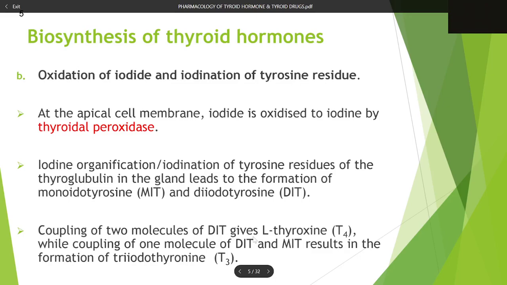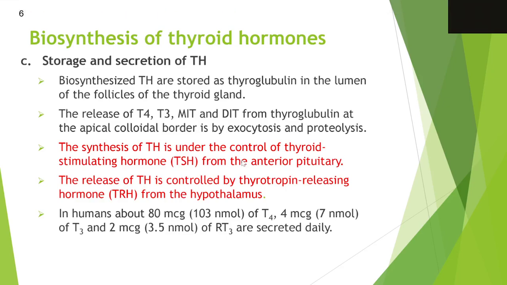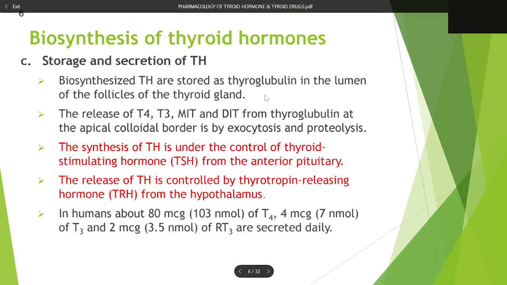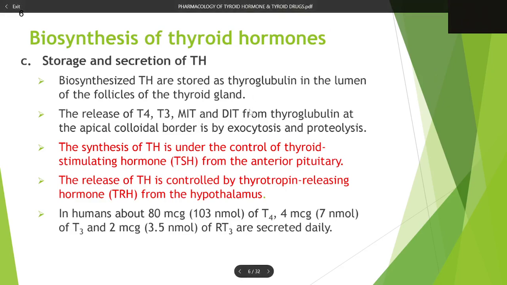Coupling of two molecules of DIT, that's diiodotyrosine, gives thyroxine, which is T4, while the coupling of one molecule of DIT and one of MIT, monoiodotyrosine, results in the formation of triiodothyronine, which is T3. Now, for the storage and secretion of thyroid hormone, biosynthesized thyroid hormones are stored as thyroglobulin in the lumen of the follicles of the thyroid gland.